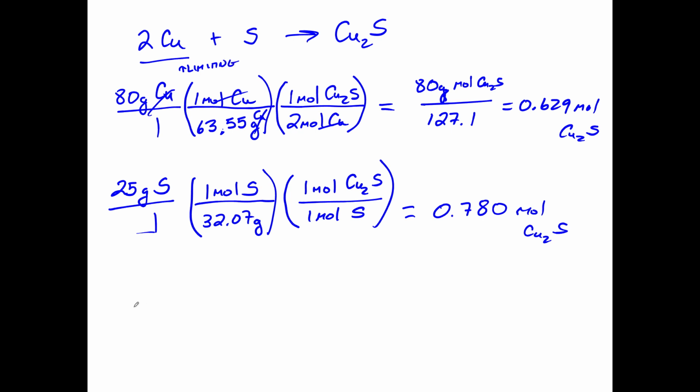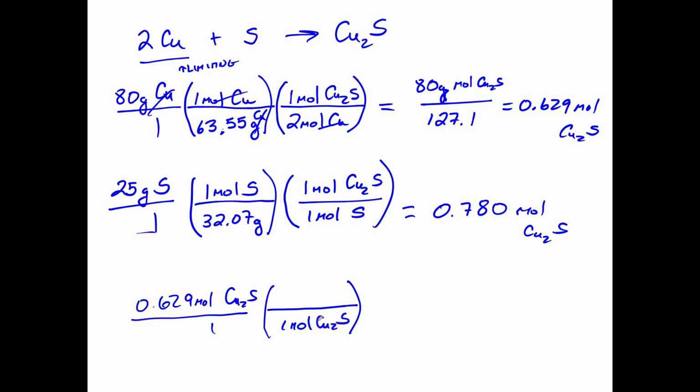And to find the theoretical yield, 0.629 moles of Cu2S, and I'm going to find the mass of that. 1 mole of Cu2S, and see, sulfur is 32.07 plus 2 times 63.55, and that is 159.17 grams.